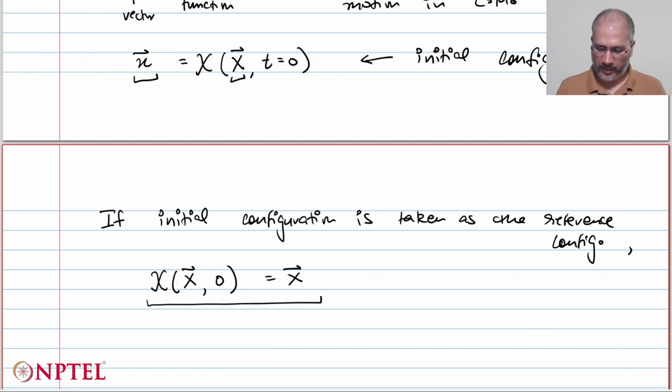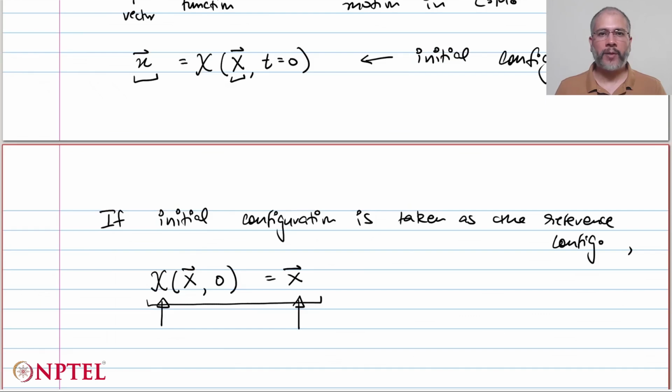If you have the function chi given to you, which basically tells us the configuration that the body takes at all times t, we can put t equal to 0, and if we get the same vector capital X, then that means that we had chosen the initial configuration as the reference configuration. This will become more clear when we solve problems later in this week.